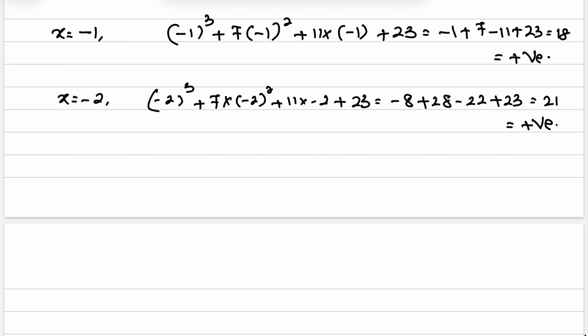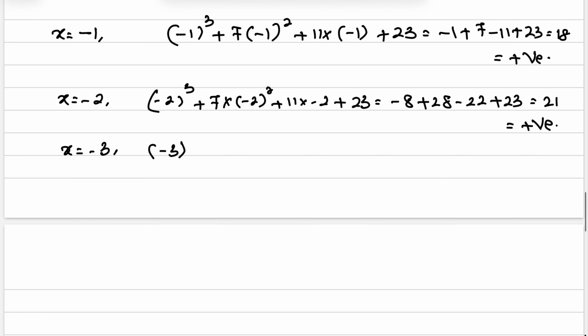Now, when x is equal to minus 3, minus 3 whole cube plus 7 into minus 3 whole square plus 11 into minus 3 plus 23. That is equal to 26. This is positive. Now, let us take some value. Let us jump.